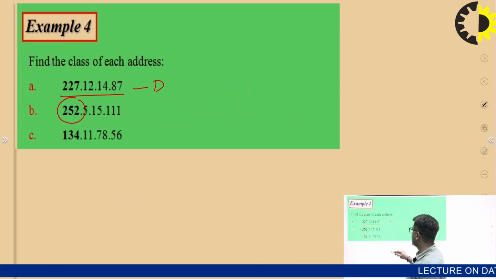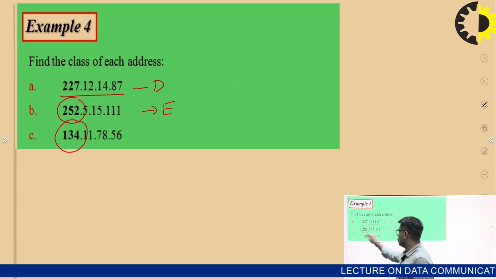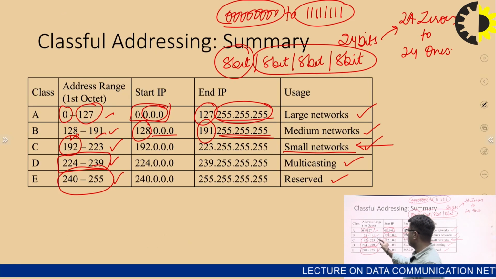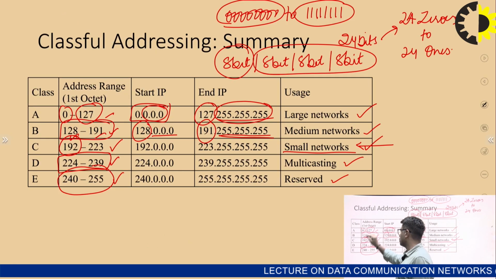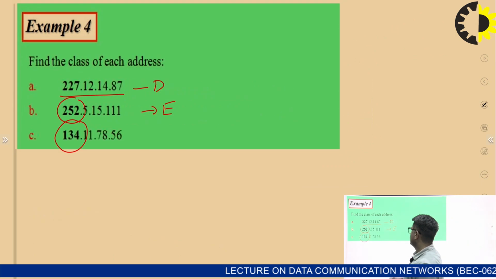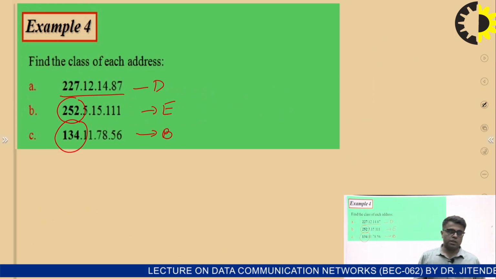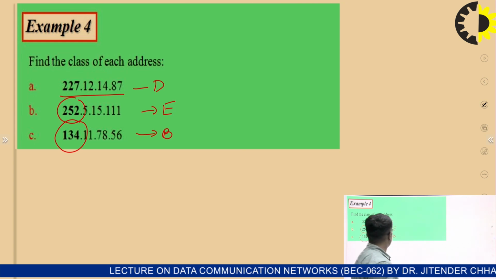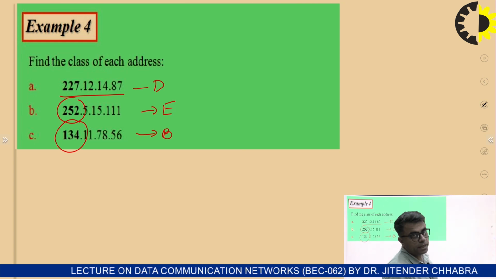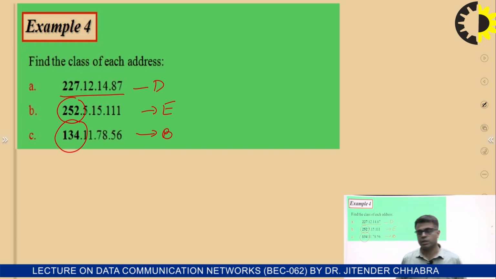That means it is class E. 134 is lying between this range, 128 to 191. That is, it is class B. Okay. So in this way, we can find that an IP address belongs to which class.